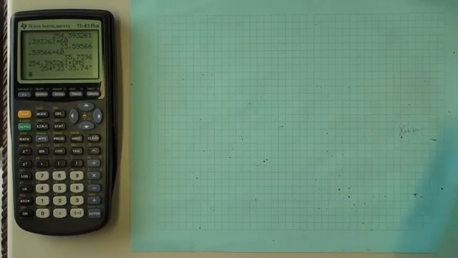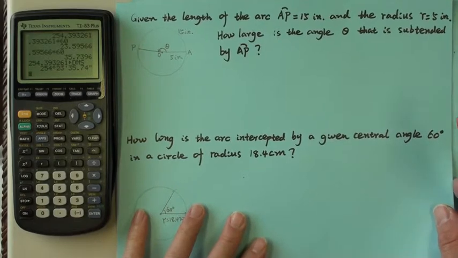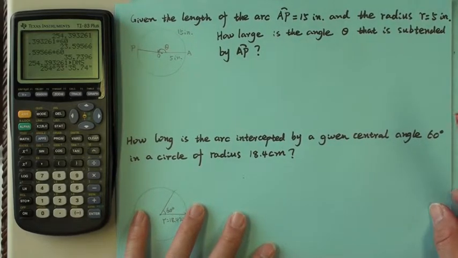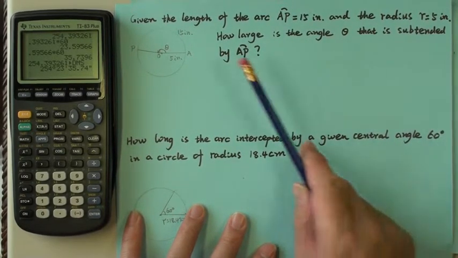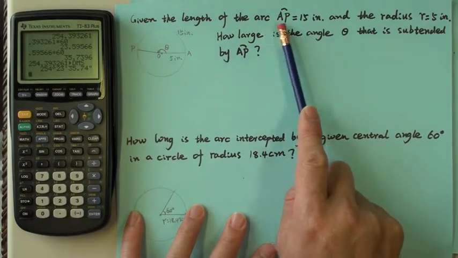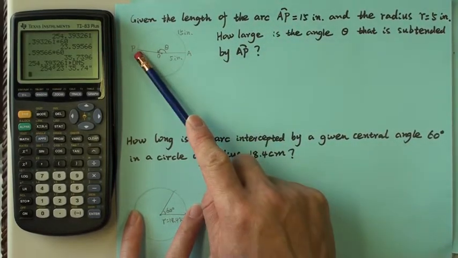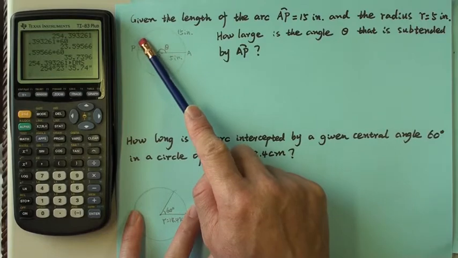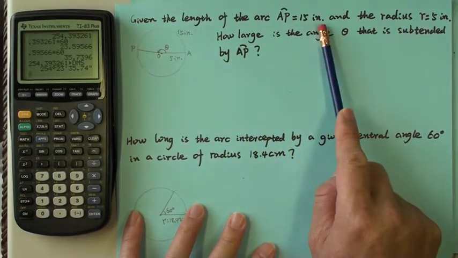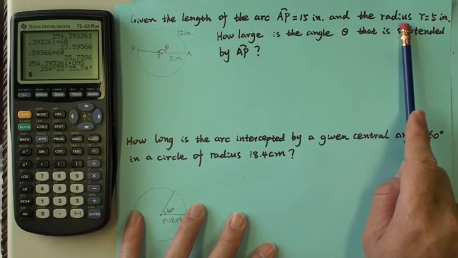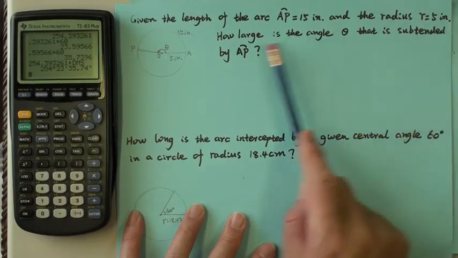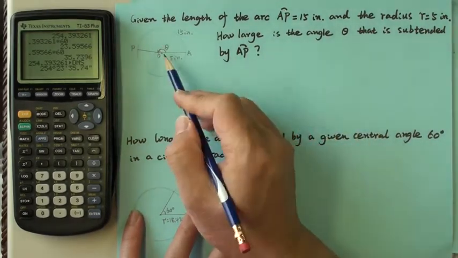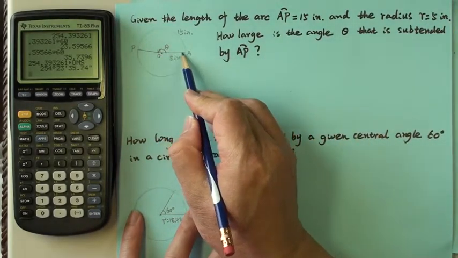Another example is like this. This one says that given the length of the arc AP, this is the arc, which is 15 inches, and the radius R is 5 inches. It's basically here to here.